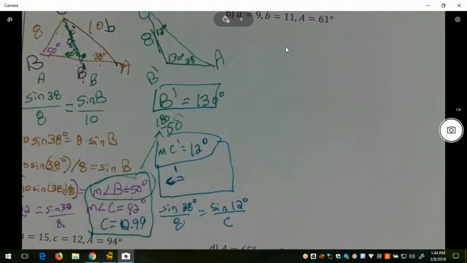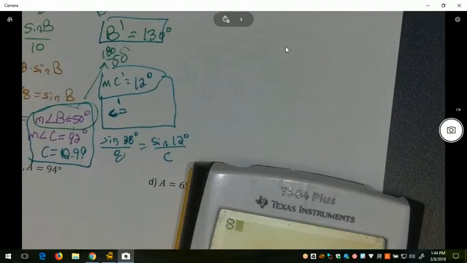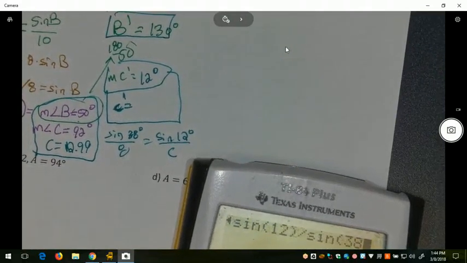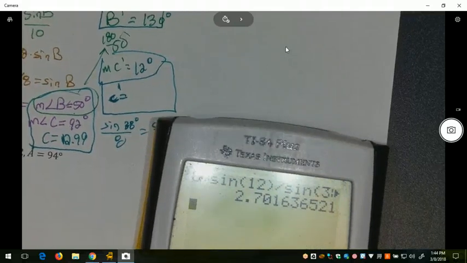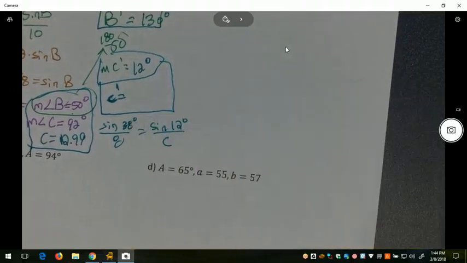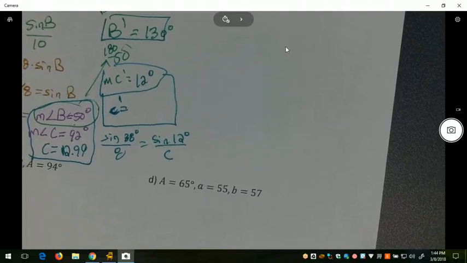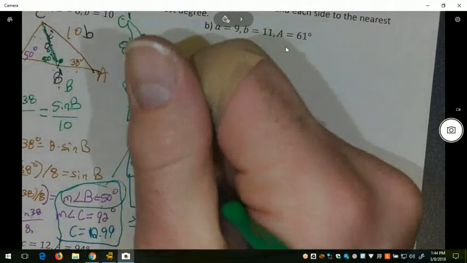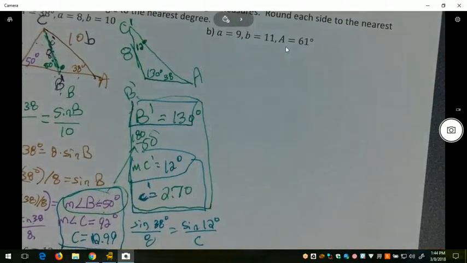We're going to divide by sine of 38. So we're going to do 8 times sine of 12 divided by sine of 38, and we get 2.701, which is 2.70, or 2.7, but it says to the nearest hundredth, so I'll put that there. So there are the two possible cases.